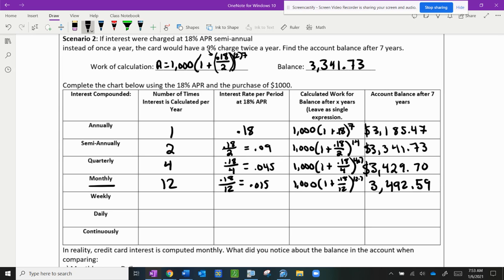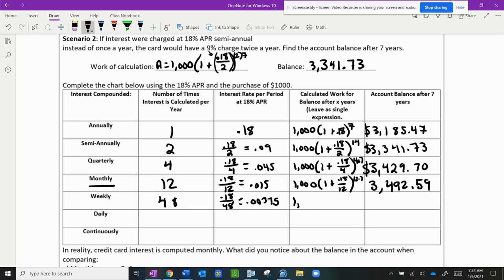Okay, the next that I'm going to look at is weekly. So how many weeks are there in a month? So there's 4 weeks in a month, and then times 12, we have 48. 0.18 divided by 48 is 0.00375.